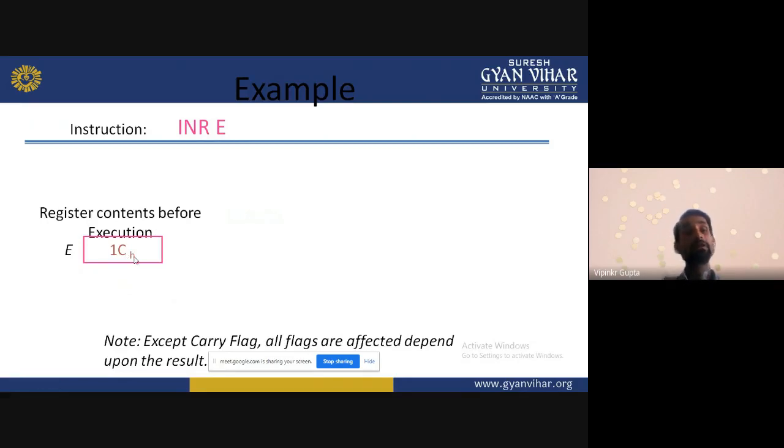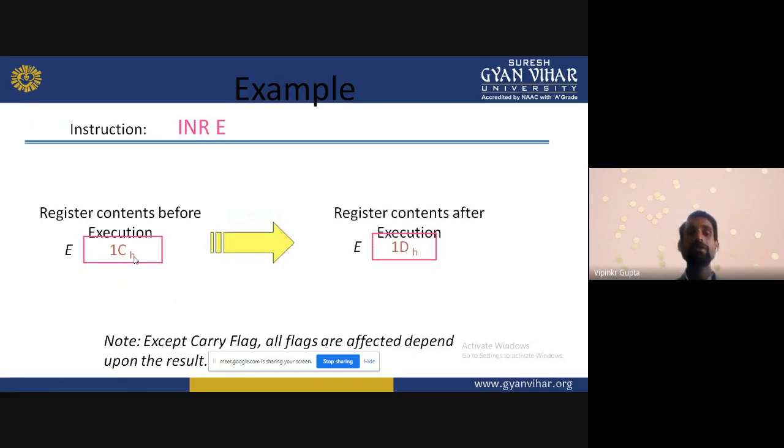Now we increment that value by 1. When this operation is performed, whatever value is in that register will be incremented by 1. So the result is that the E register holds 1DH.